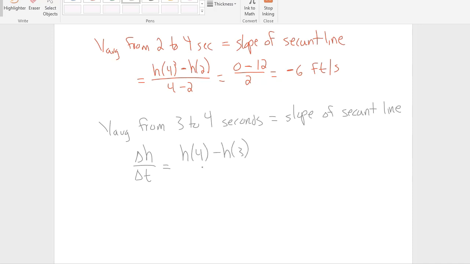So here's our rise, if you will, our change in height, and here's our change in time. If I plug 4 into that equation, we have the height of 0, and if I plug 3 into that equation, we get 16 minus 3 squared, so 16 minus 9, which is 7, over 1. So we're getting negative 7 feet per second for that scenario.